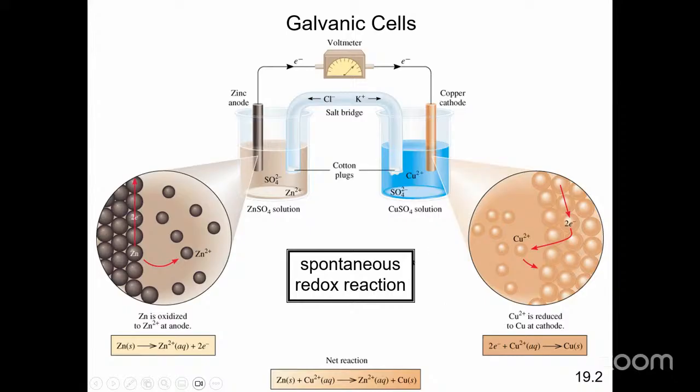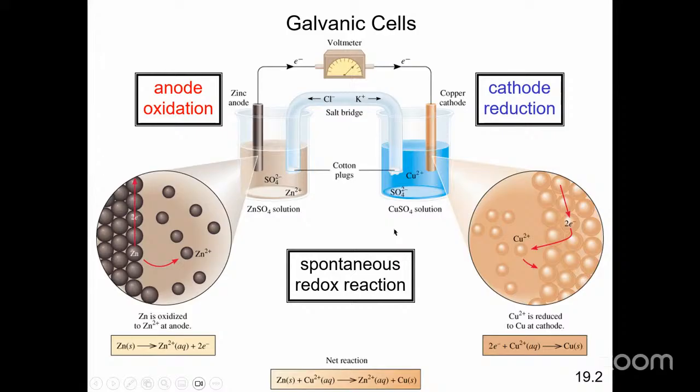Now, there are some terms I need to define here. So this combination of the zinc dipped in the zinc sulfate solution, we call that the anode, right? And the anode is where oxidation takes place. As we said before, the zinc undergoes oxidation to form the zinc 2+ and 2 electrons. Here, the cathode is where reduction takes place, right?